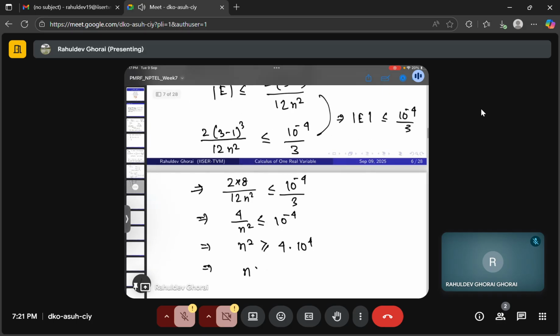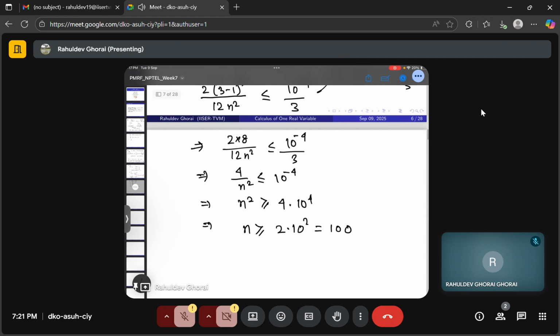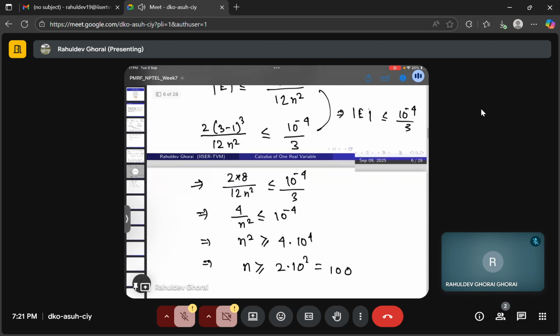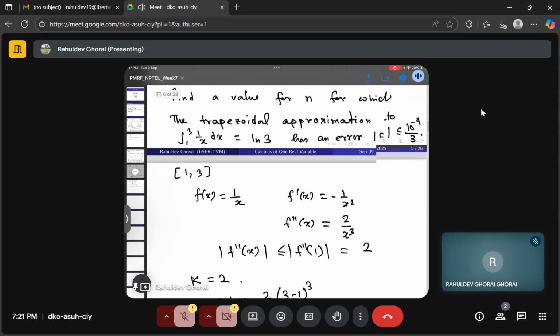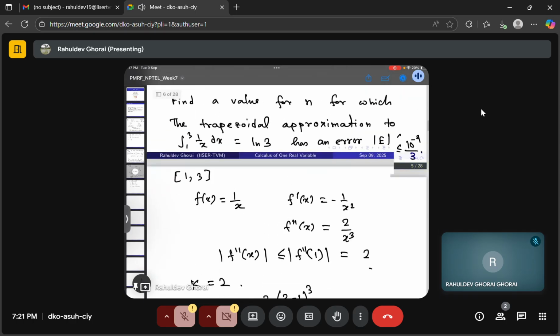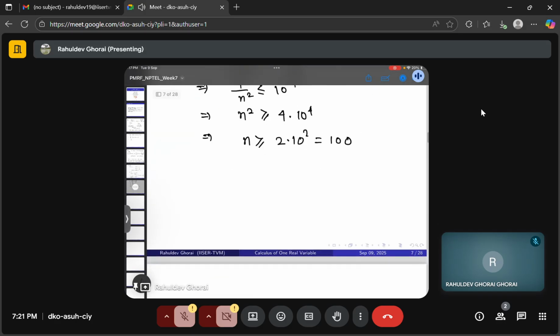That implies n greater than or equal to 2 times 10 squared, which is equal to 100. So you need at least 100 intervals to make the approximation error 10 to the minus 4 over 3.